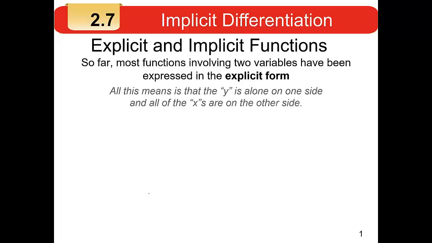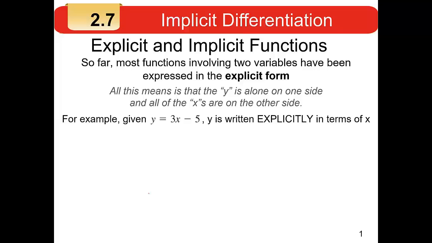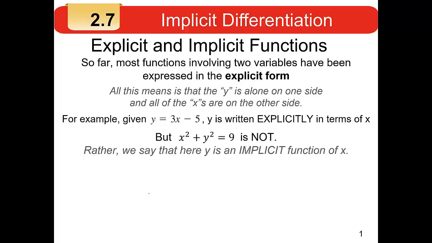And all I mean by that is that the y is alone on one side of the equation and all the x's are on the other side. For example, if I give you the equation y equals 3x minus 5, the y is written explicitly in terms of x because the y is on one side of the equation by itself. That's all we mean by explicit.